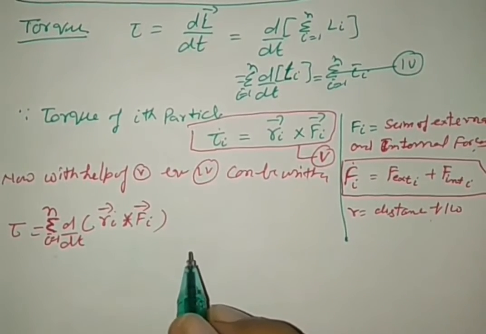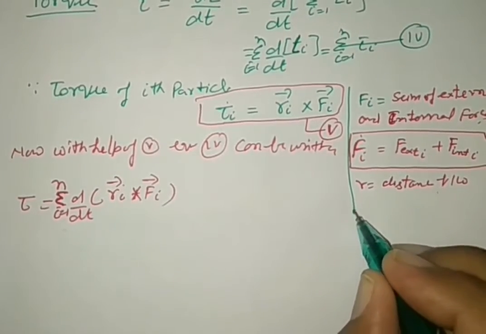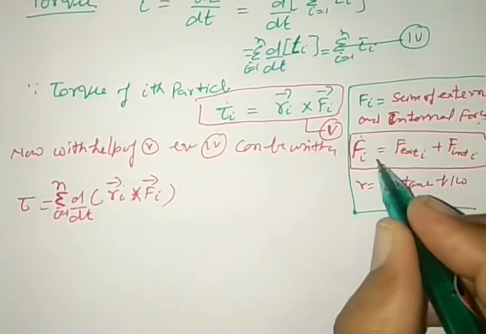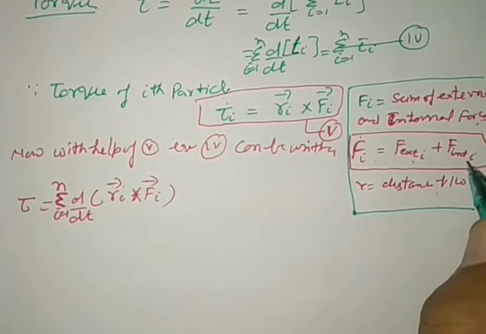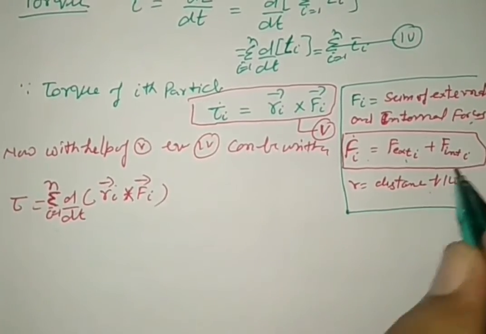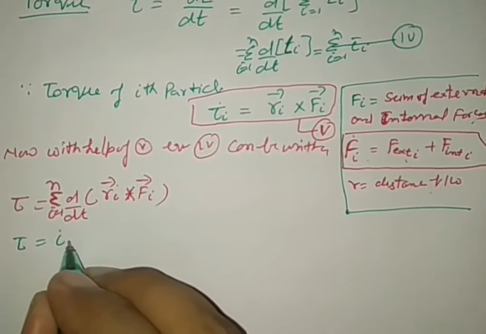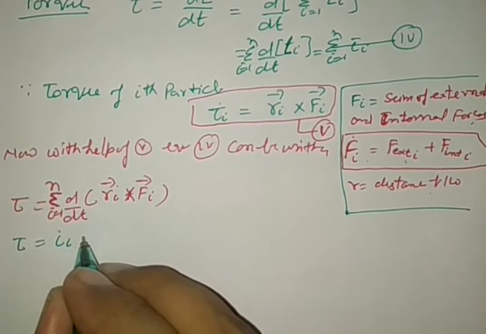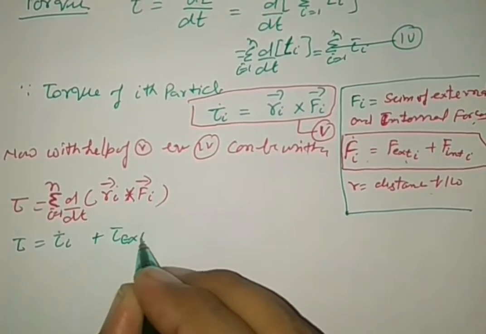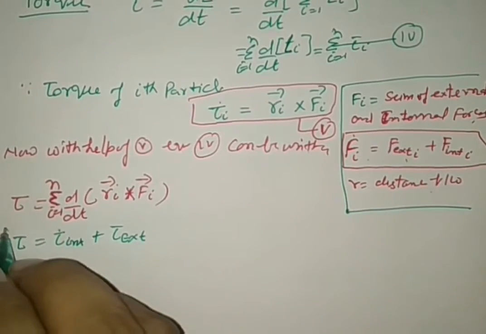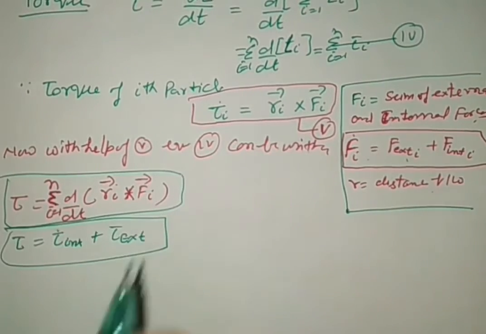Now come to the next part of it. See in the green box, Fi is the sum of external forces for the ith particle plus internal forces of the ith particle. In that condition, tau can also be written as internal plus external. See both equations, right?